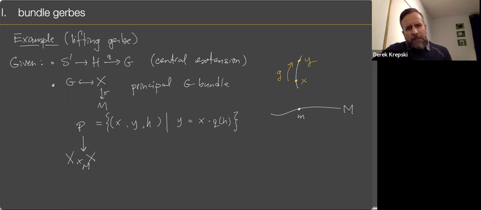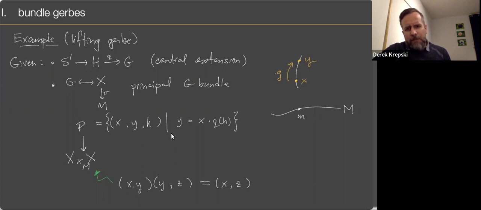So what can we say about this particular construction? Because we started with the central S1 extension, there is an S1's worth of choices for the h's that map to the g.